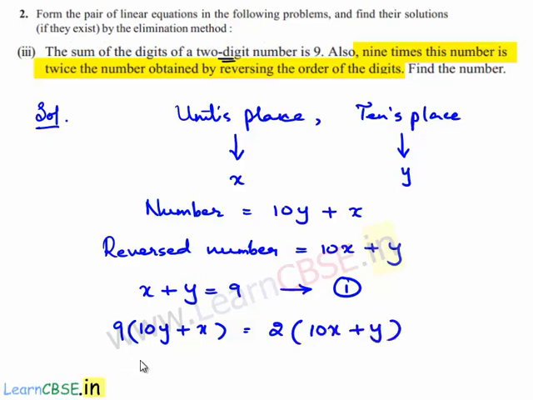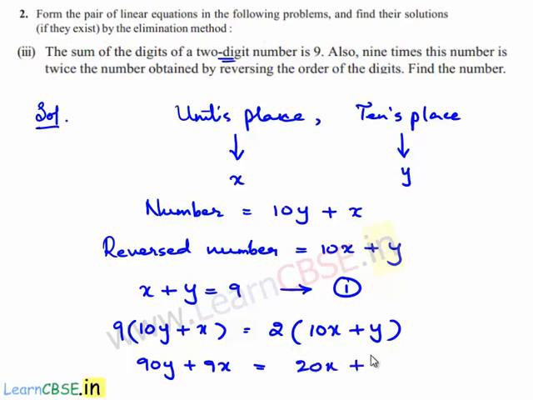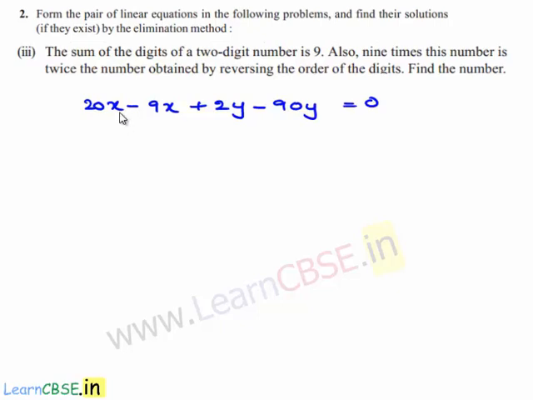So 9 times of 10Y is 90Y plus 9X is equal to 2 times of 10X, which is 20X plus 2Y. So on rearranging the terms, we get 20X minus 9X plus 2Y minus 90Y is equal to 0. 20X minus 9X is 11X. 2Y minus 90Y is minus 88Y is equal to 0.